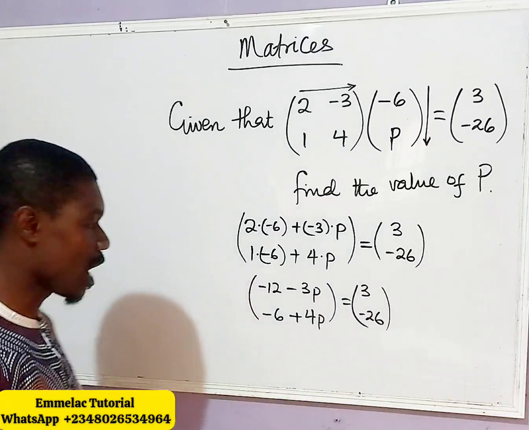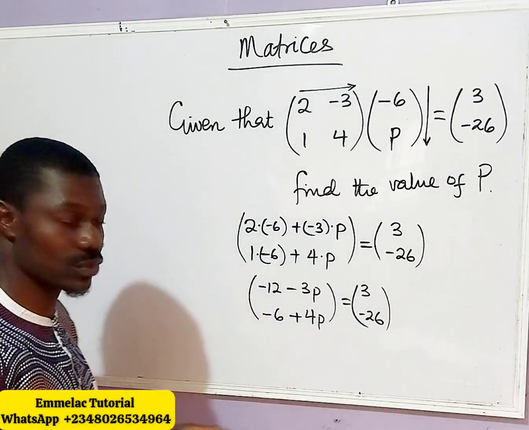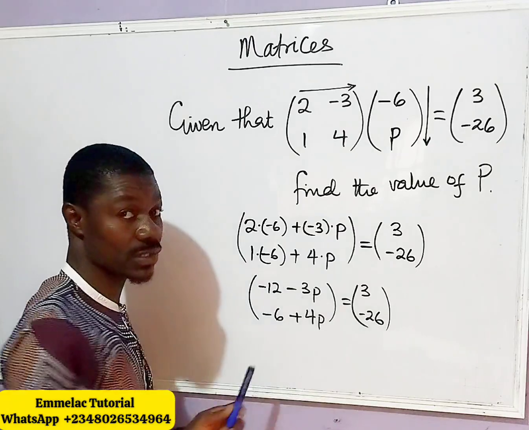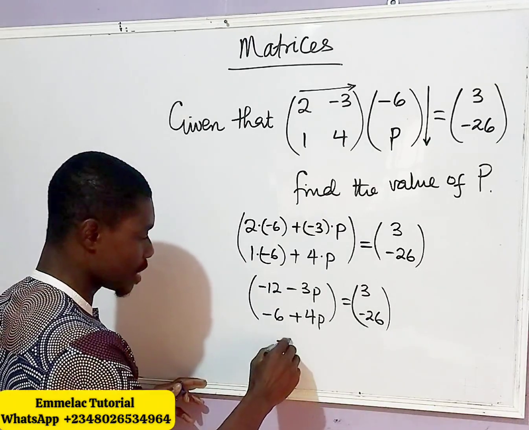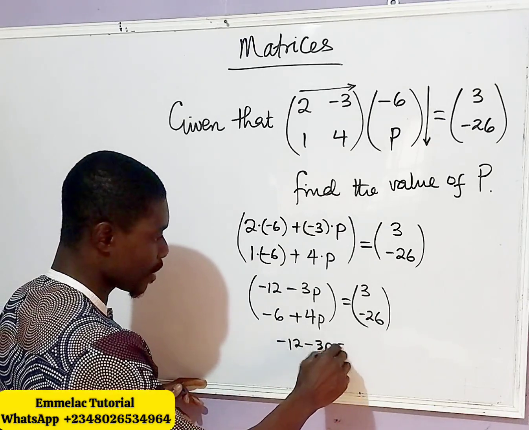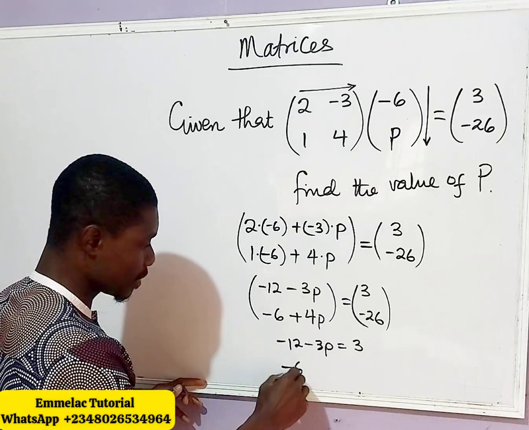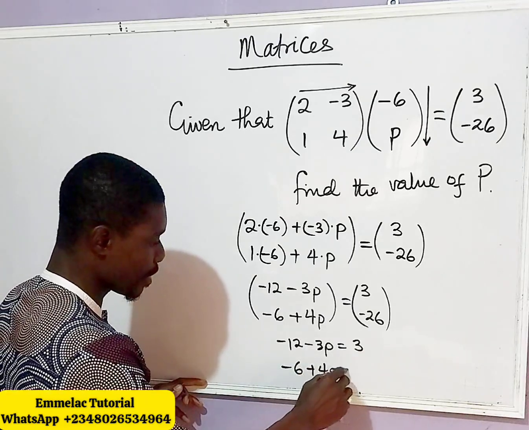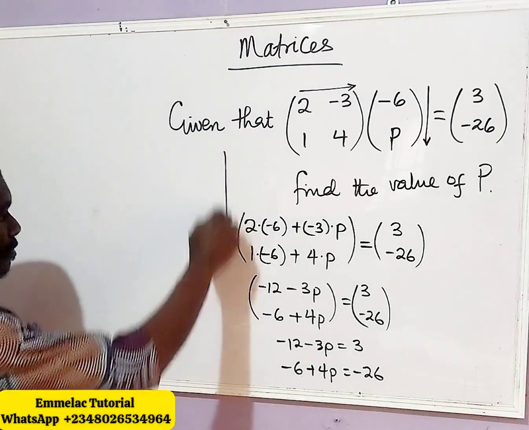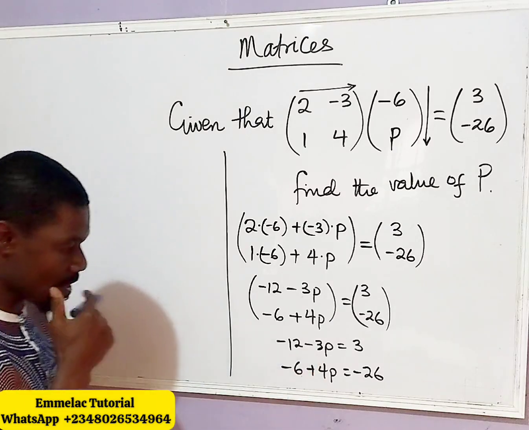Okay, so in this case now we just form two equations. The whole of this equals this, the whole of this equals this, as simple as that. You have -12 minus 3p equals 3, and -6 plus 4p equals -26. So let us now solve for p here.